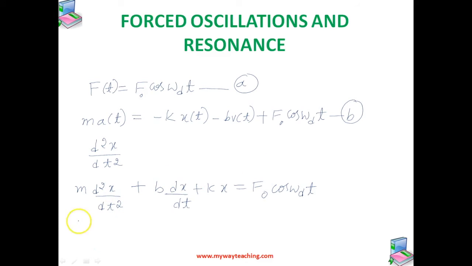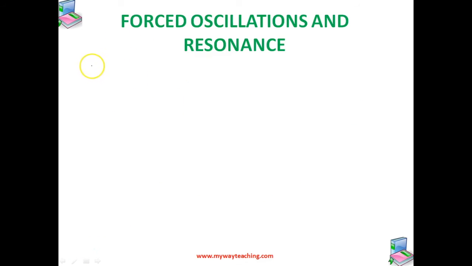See, initially that oscillator oscillates with the natural frequency that is w. When we apply the external periodic force, the oscillations with the natural frequency die out, then the body oscillates with the frequency of the external periodic force that is wd, the driven frequency.